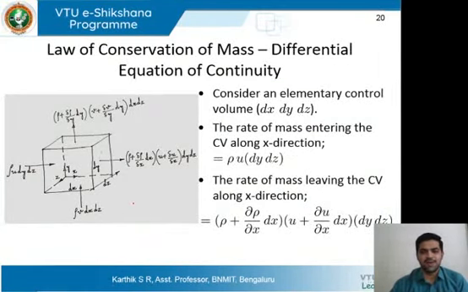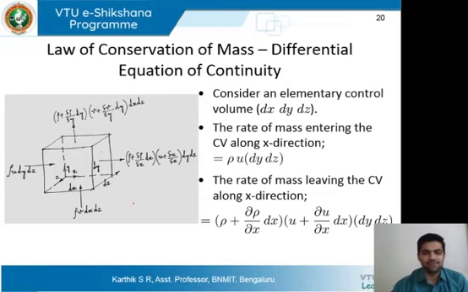Okay, so now let us begin with the conservation of mass. Let us derive the differential equation of continuity. To do that, let us consider a control volume, as shown in the figure. You can look into that control volume. The volume of the differential element is dx dy dz.